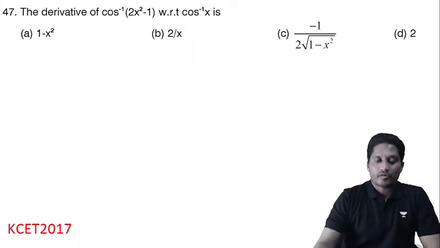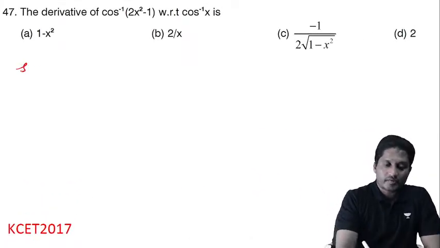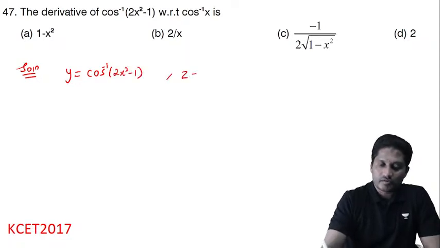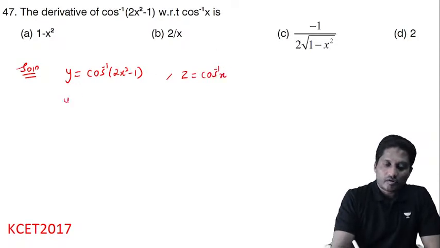The derivative of cos inverse of 2x square minus 1 with respect to cos inverse of x. We're going to take y is equal to cos inverse of 2x square minus 1, and z is equal to cos inverse of x. Now cos inverse of 2x square minus 1 is 2 cos inverse of x.